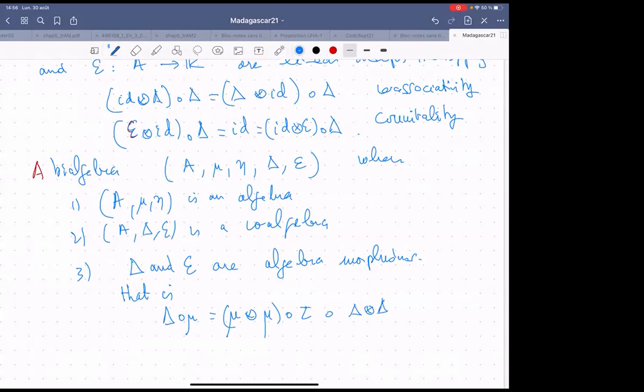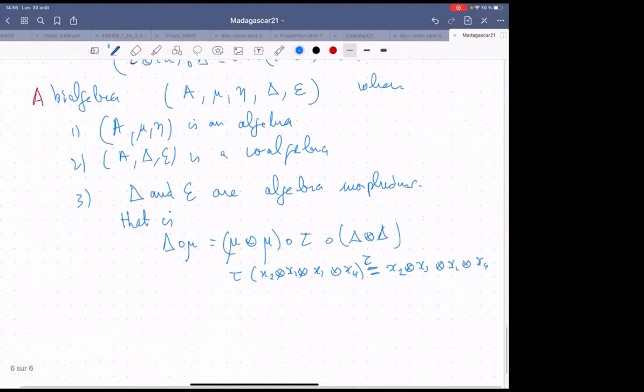And what is tau? Tau of x1 tensor x2 tensor x3 tensor x4 equals x1, and I have to flip or swap x2 and x3: x1 tensor x3 tensor x2 tensor x4.